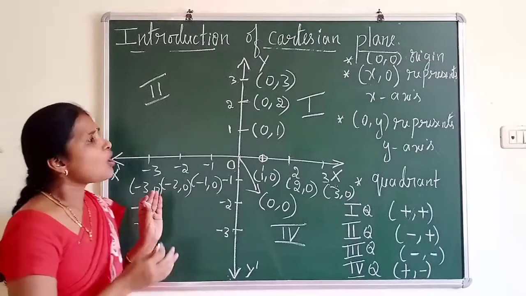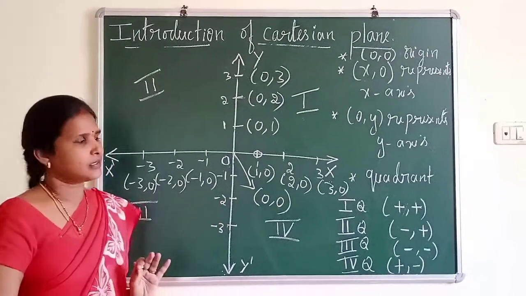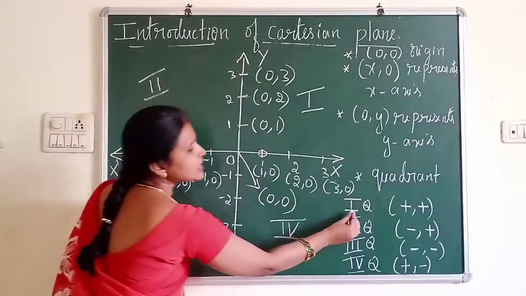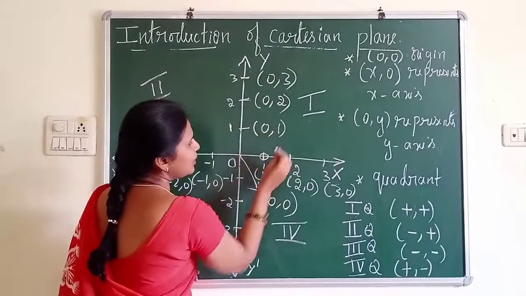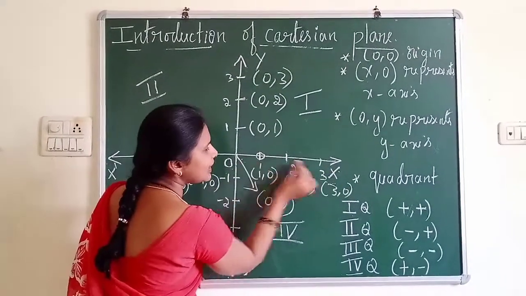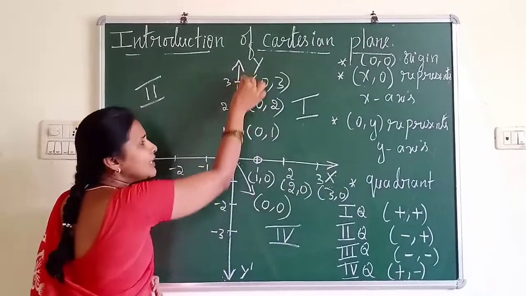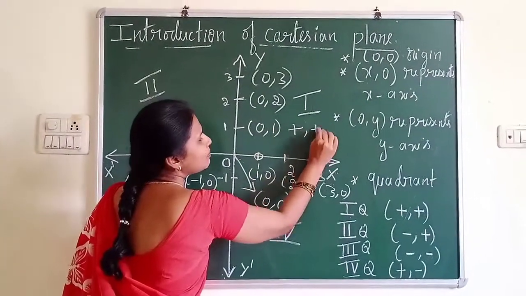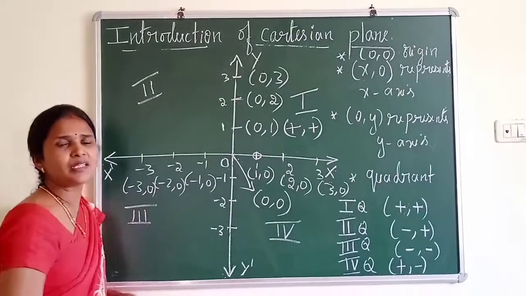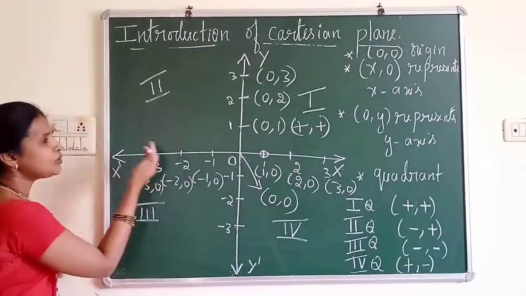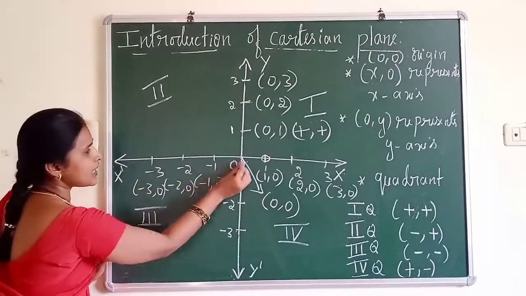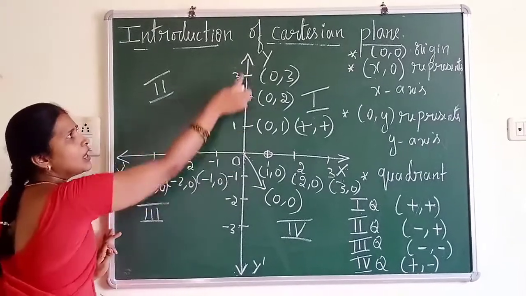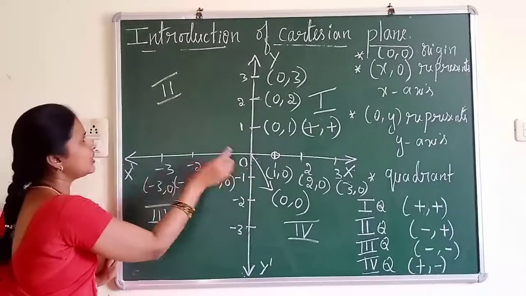Then how do the ordered pairs look in different quadrants? Coming to the first quadrant, you can see in this plane the ordered pairs have only positive x values, and similarly the y value is also positive. So (+, +) ordered pairs represent the first quadrant. Coming to the second quadrant, on the x-axis you can see the negative numbers and on the y-axis you have positive numbers.